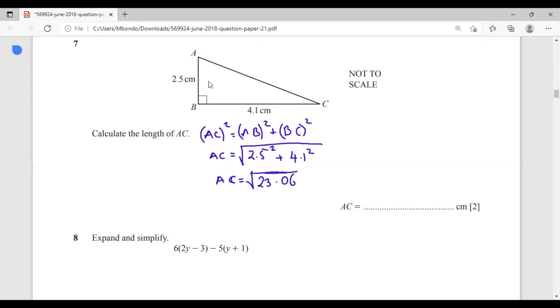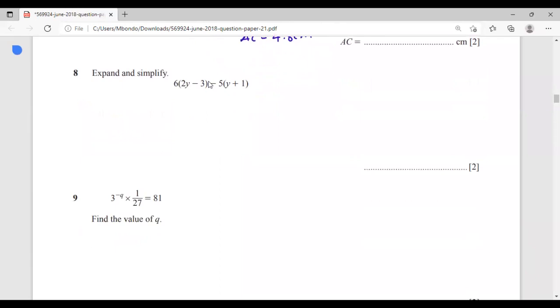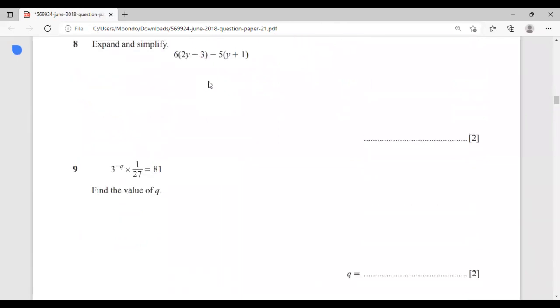Then we're supposed to find the square root now of the answer. What are we going to get? When we round it off to 1 decimal point, AC will be equal to 4.8 centimeters. That's what we're going to get.